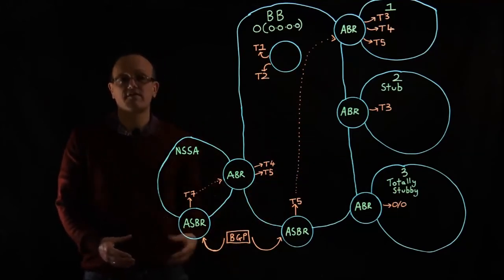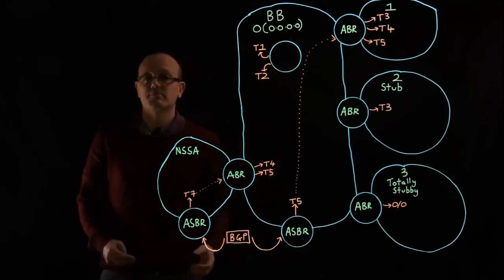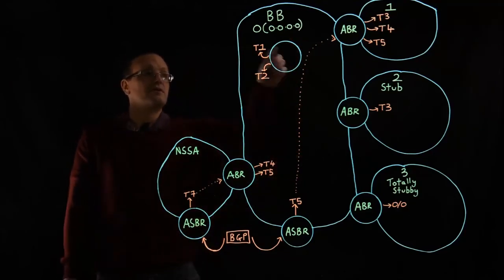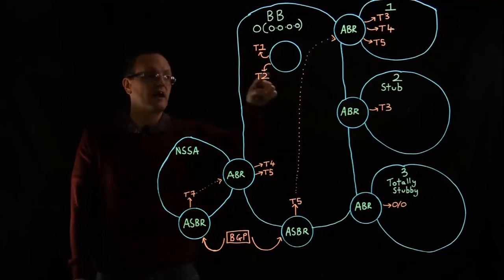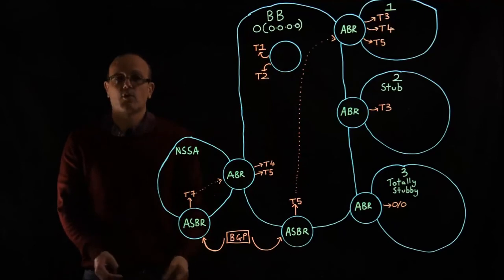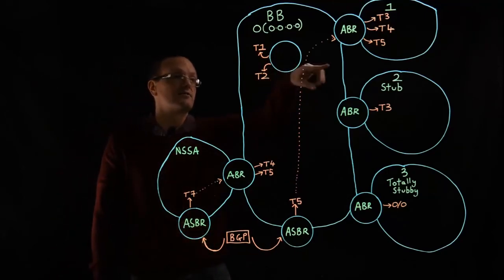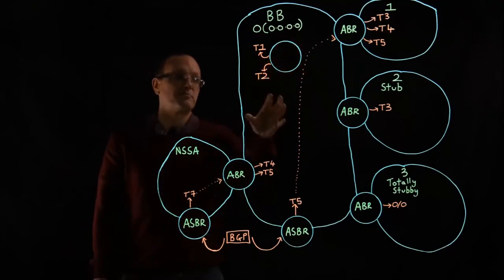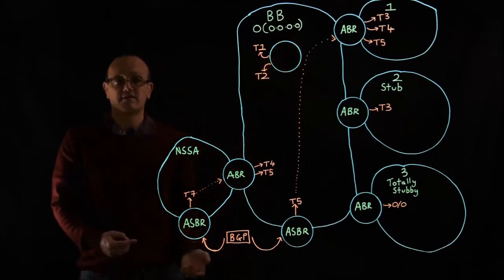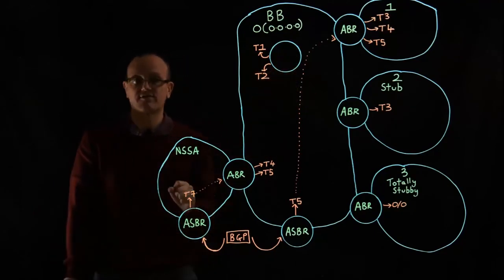And within this area, what we're doing is each OSPF speaking router is advertising type 1 LSAs and maybe type 2 LSAs. Type 1 LSAs or router LSAs are describing the links between OSPF speaking routers and the IP addressing and network addressing that's on those links.